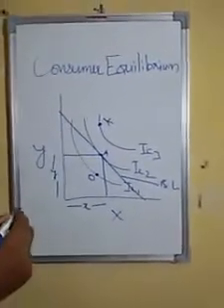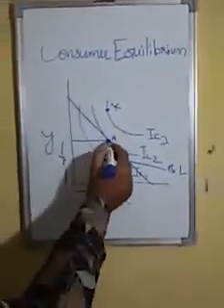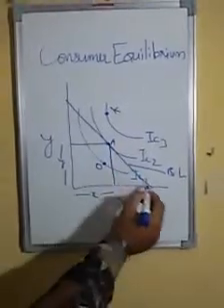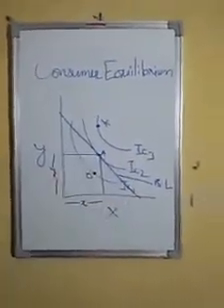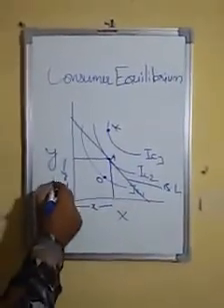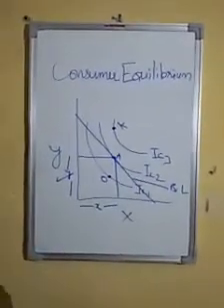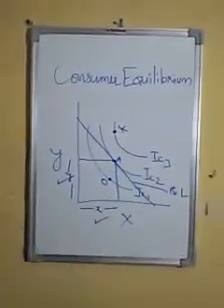So the consumer will buy the combination at A because it is exactly on the budget line. So this much quantity of Y and this much quantity of X will be bought by him.